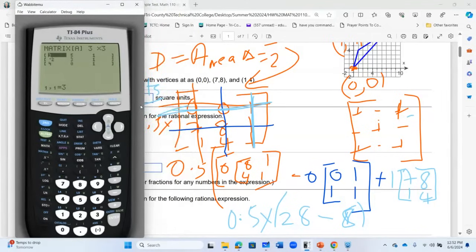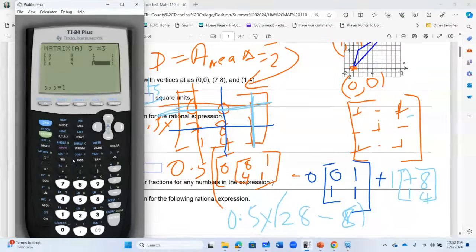I have 0, enter, 0, enter, 1, enter. Then 7, enter, 8, enter, 1, enter. And 1, enter, 4, enter, 1, enter.